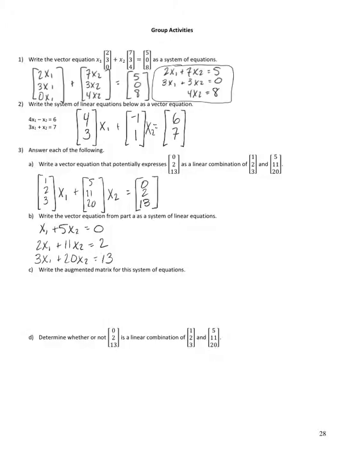And then to write this as an augmented system, I make a matrix where I enter my x1 coefficients in the first column, 1, 2, 3. 5, 11, 20 are my x2 coefficients. And then I augment with the constants from the other side of the equal sign, 0, 2, 13. Now we want to determine whether or not 0, 2, 13 is a linear combination of 1, 2, 3, and 5, 11, 20. So I'm going to row reduce the augmented matrix that I wrote up above.